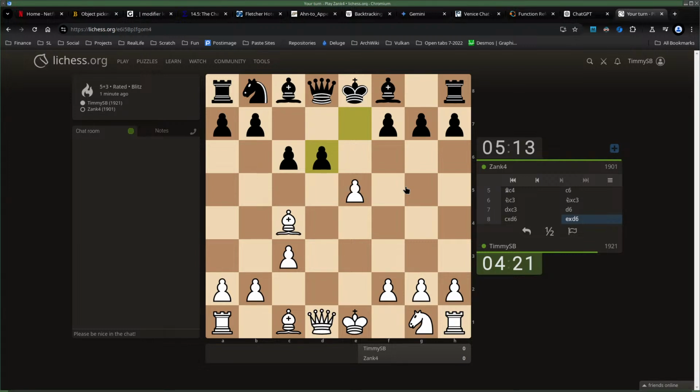No, I don't see my advantage. Not seeing any advantage. They're totally going to push this. I could do this. Bishop pins my knight.